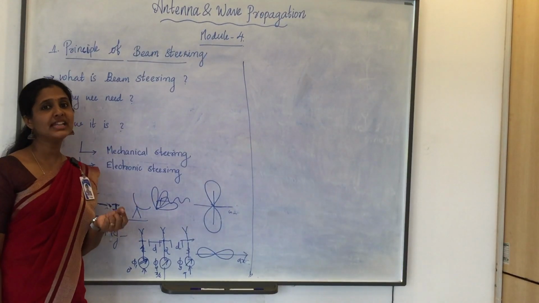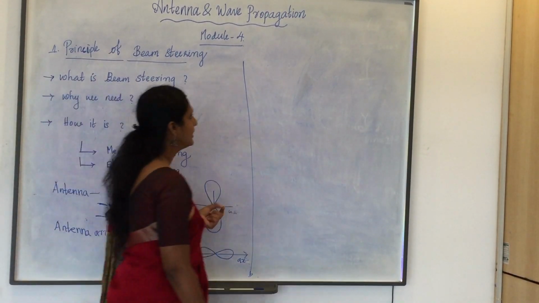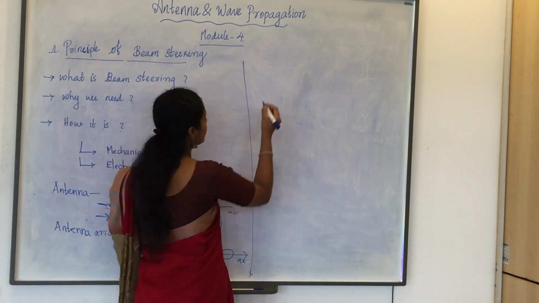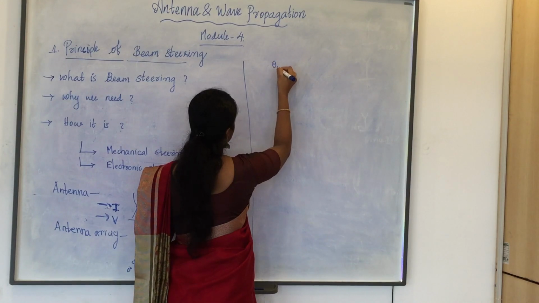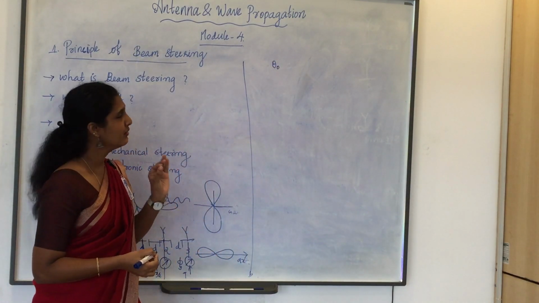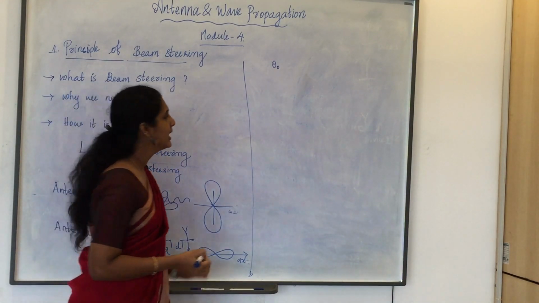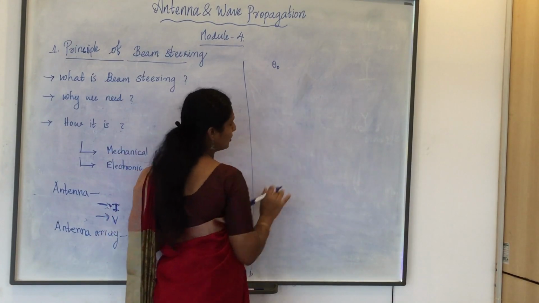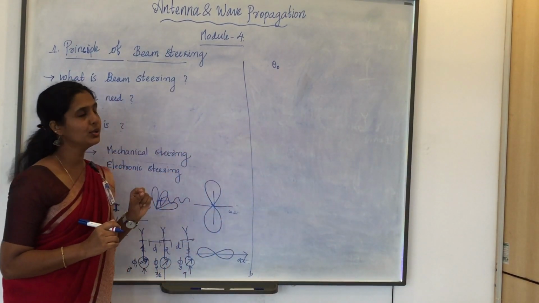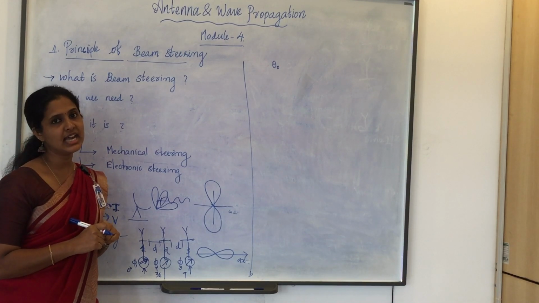Then how do we mathematically represent beam steering? We assume that we need a radiation pattern in the angle of theta 0. In module 2 we also discussed the phase angle between two antenna elements.